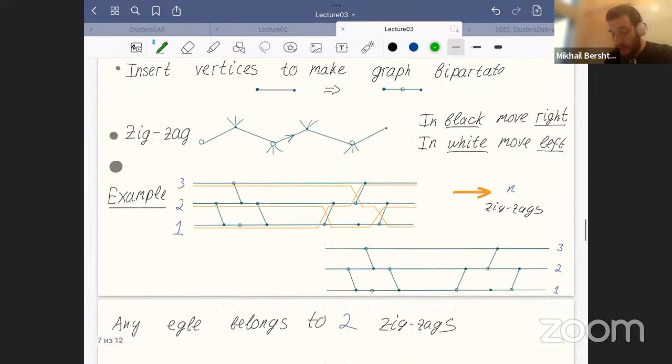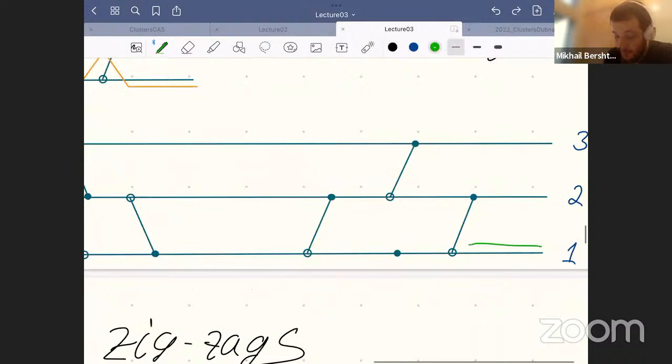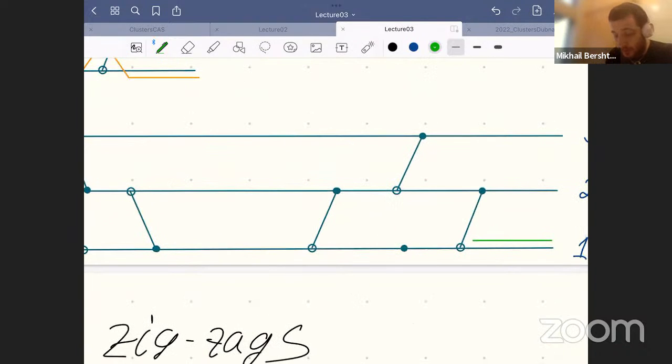So for example, one can start here. Then move left on the white, move left. So nothing. On valency 2, nothing. On the white, move left, nothing.